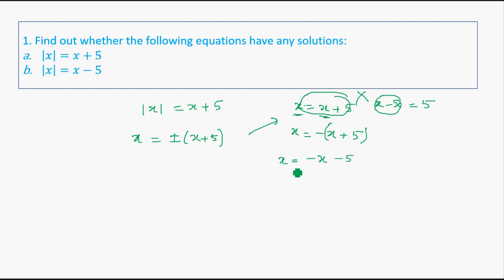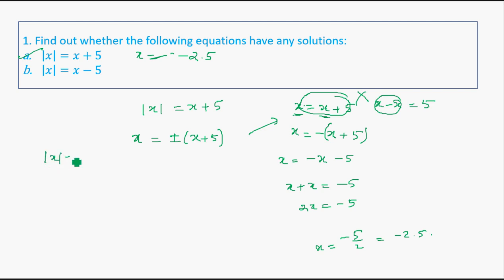If I bring x to the left hand side, it will become x plus x is equal to minus 5. x plus x is 2x is equal to minus 5. So x will be minus 5 by 2, which is equal to minus 2.5. So we have solved the first one. For this we got x is equal to minus 2.5.